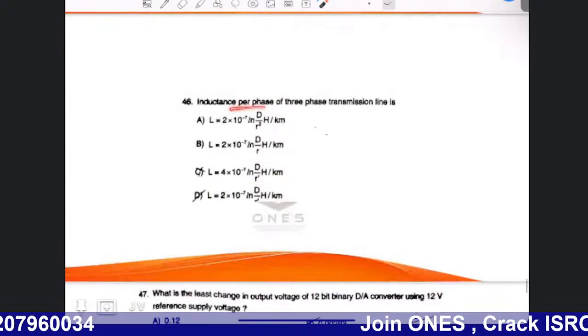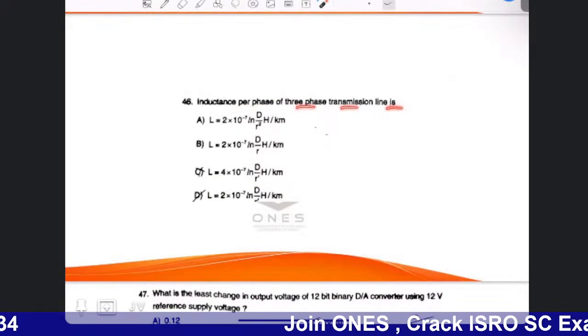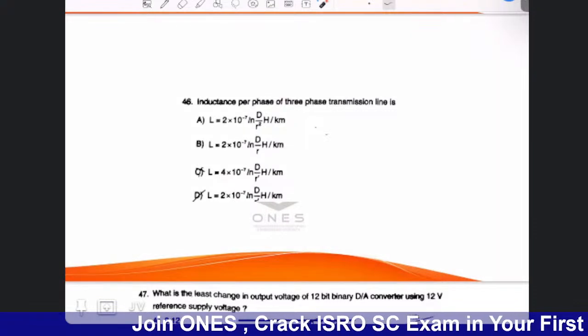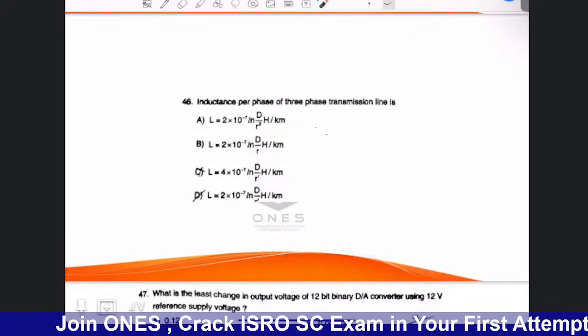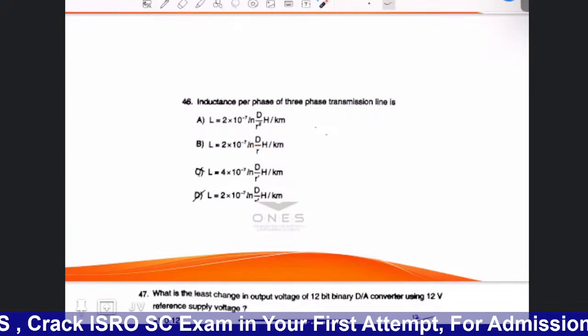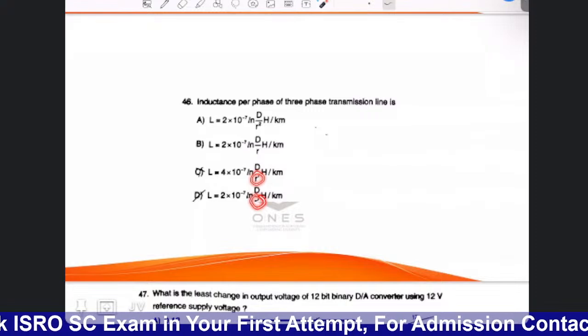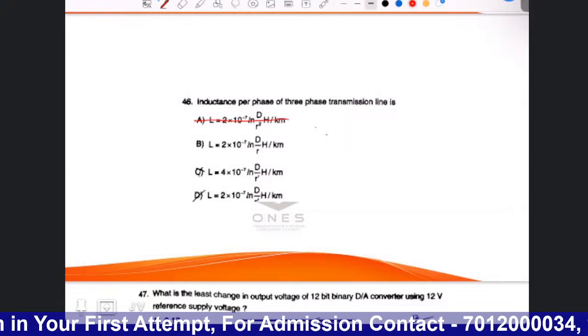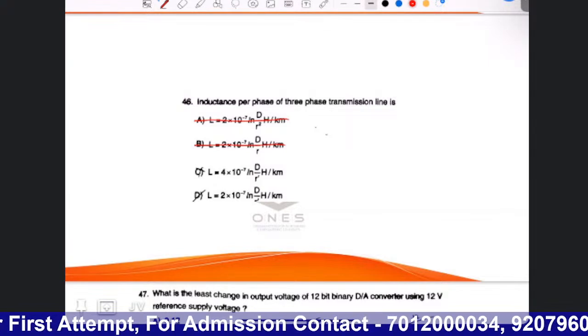46. Inductance per phase of a three-phase transmission line. We know it is equal to 2 into 10 raised to minus 7 ln d by r dash. Options A and B do not have r dash; only here r dash is present. So options A and B are wrong. Now, what is the difference between C and D?